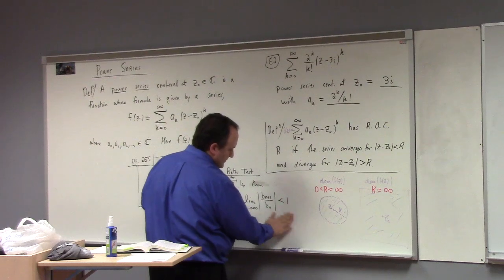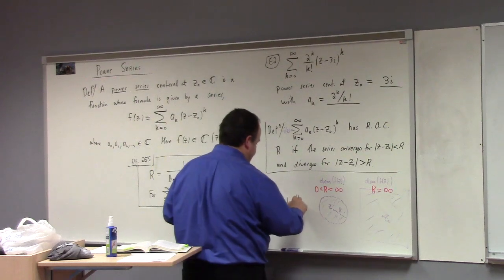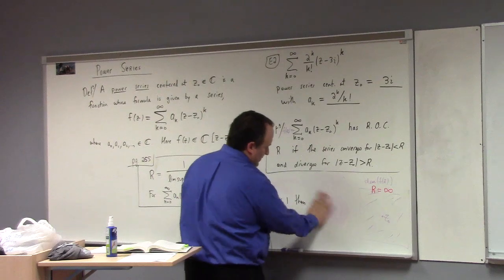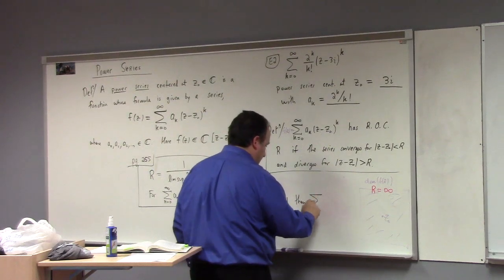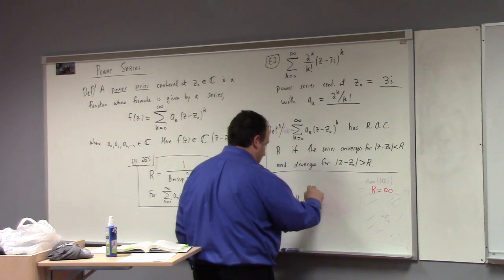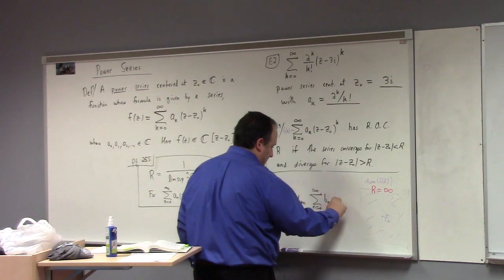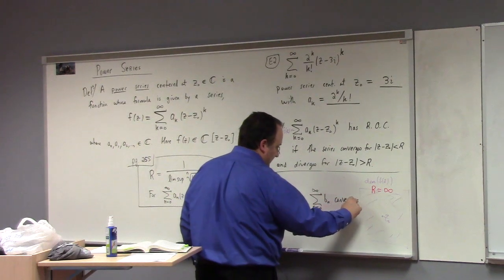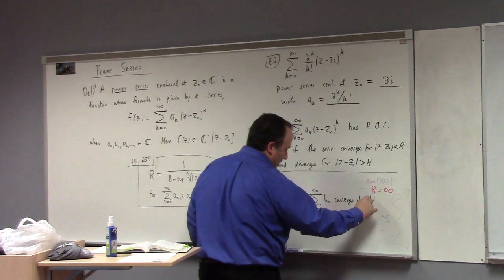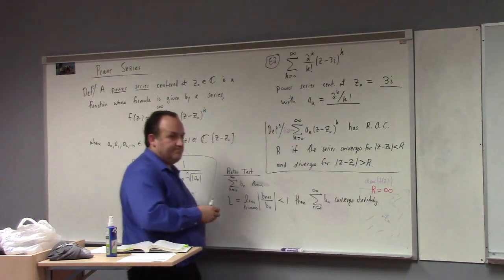Sadness. Then the series, n equals 0 to infinity, b sub n, converges absolutely. Or you could say it's absolutely convergent, right?